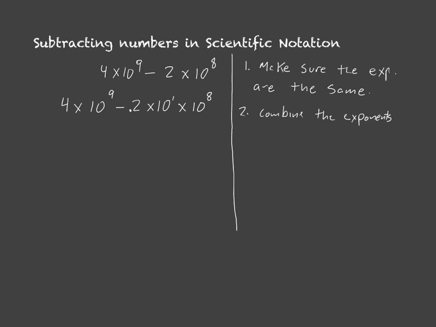That means that I'm going to be adding the 1 to the 8, and that gives you 4 times 10 to the 9th minus 0.2 times 10 to the 9th.